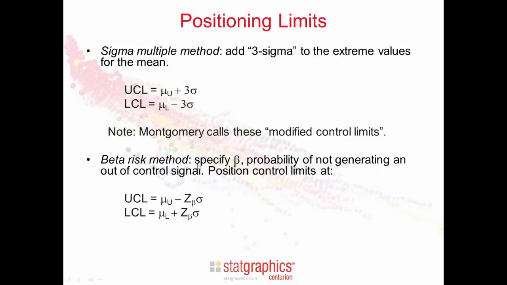In the beta risk method, you're controlling the beta risk, the probability of not getting a signal when you should.